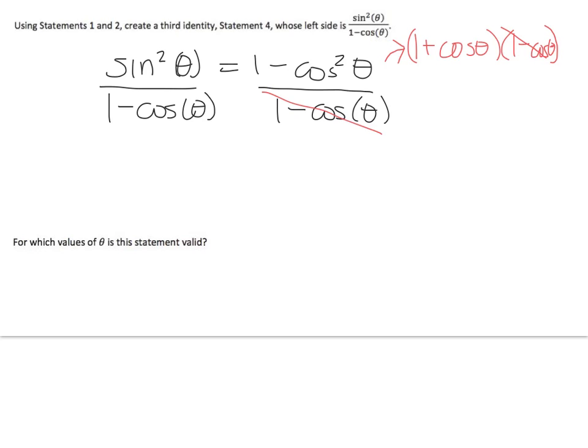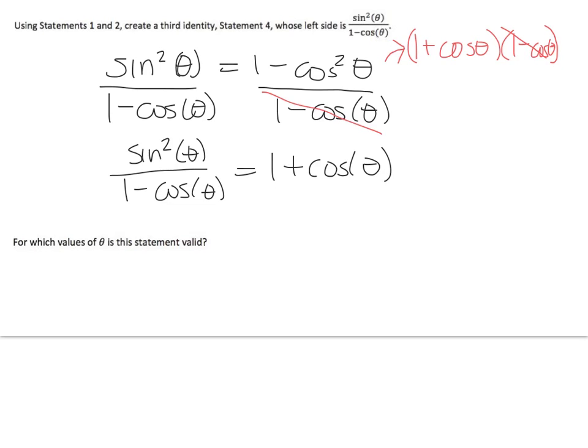So what I really get here is sine squared theta over 1 minus cosine theta equals 1 plus cosine theta. Okay, and this is actually valid.